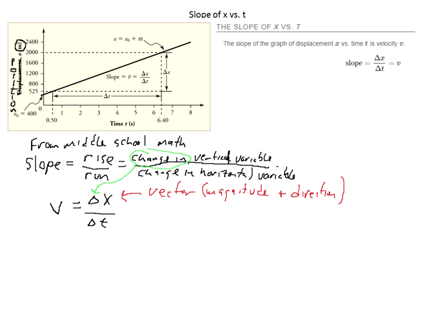So this is velocity. And since change in position is a vector, velocity is also a vector. I labeled it as velocity, but this is really the average velocity over that displacement.